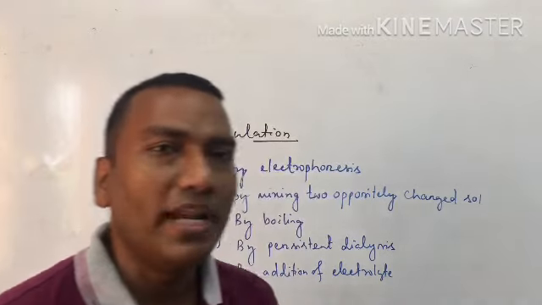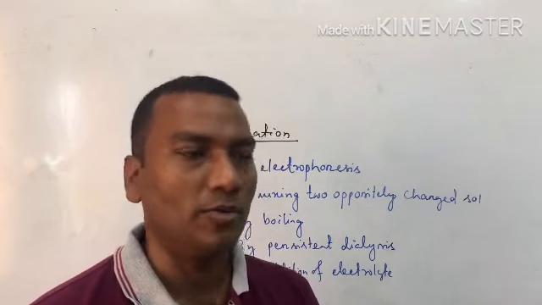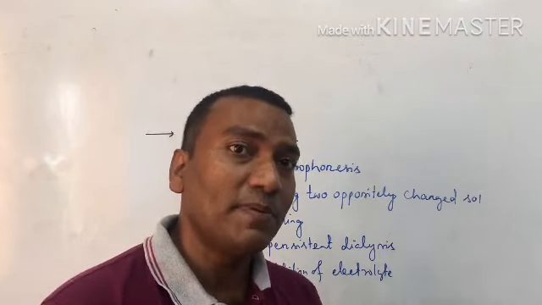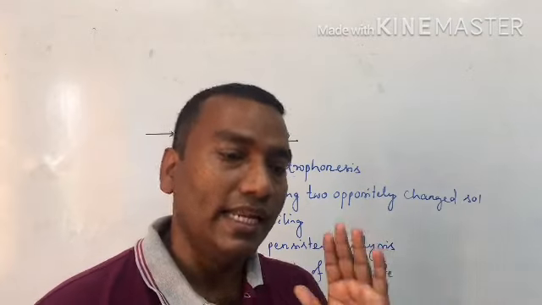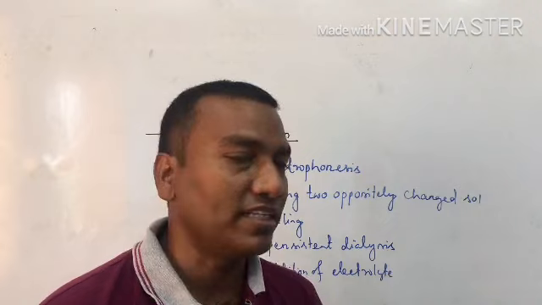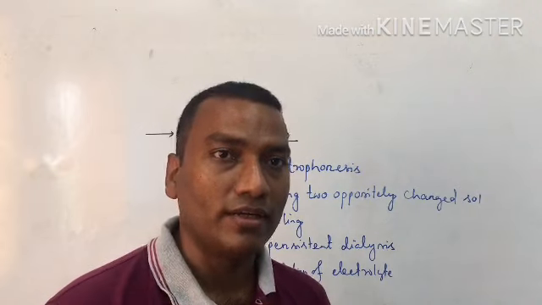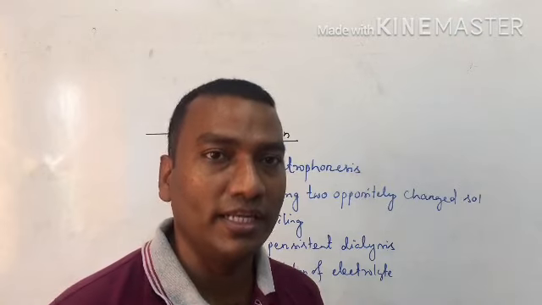We have read there are two types of sol: lyophilic and lyophobic. In the difference part I told you that lyophilic sol can be easily coagulated. I took the example of egg albumin and water, which can easily be precipitated by simple boiling.